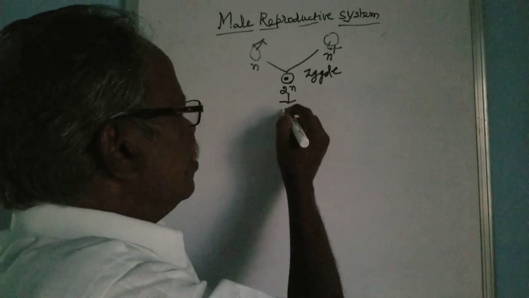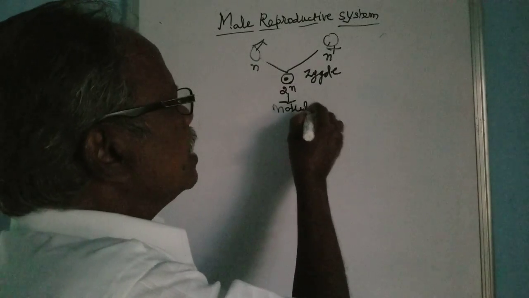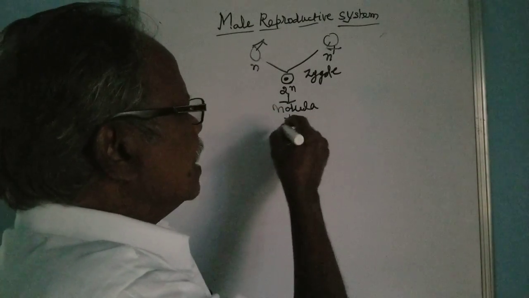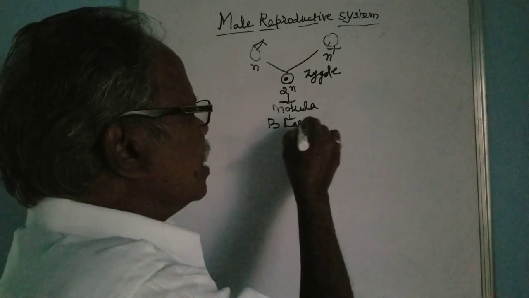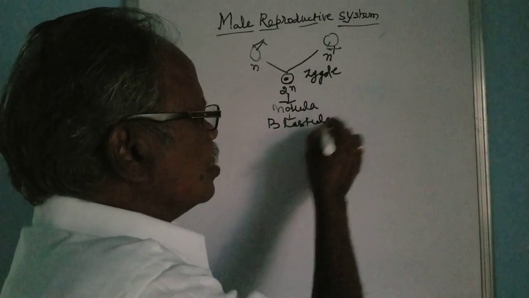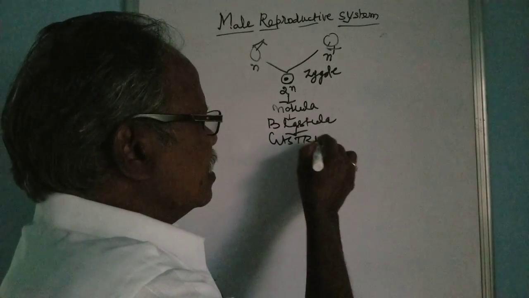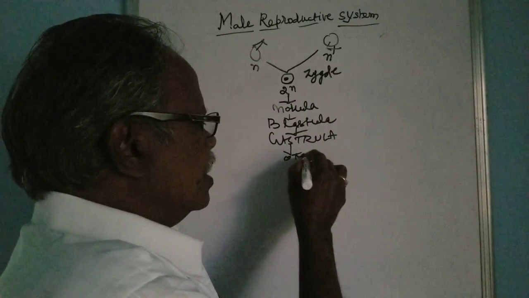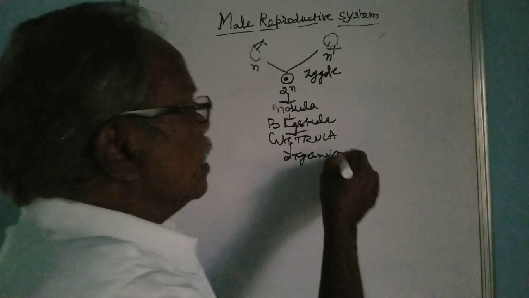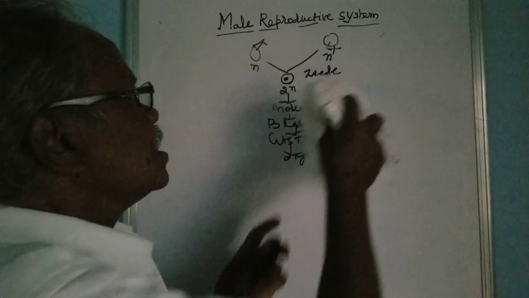So from the zygote, it undergoes the morula stage, from the morula stage to the blastula stage, to the gastrula stage, to the organism. So this is with regard to the introductory part. Now we will be seeing the male reproductive system.